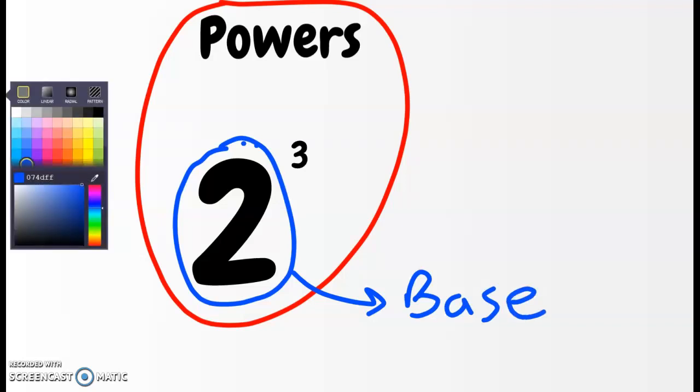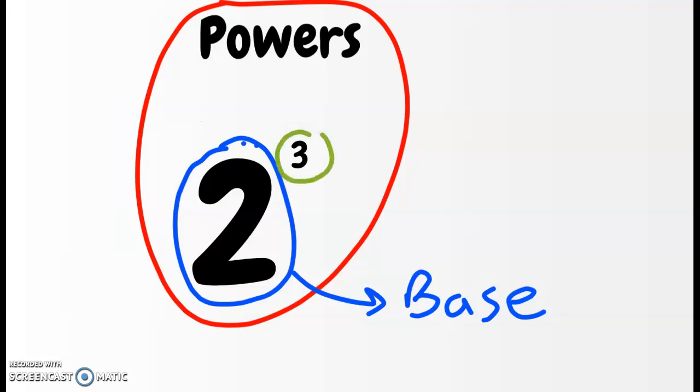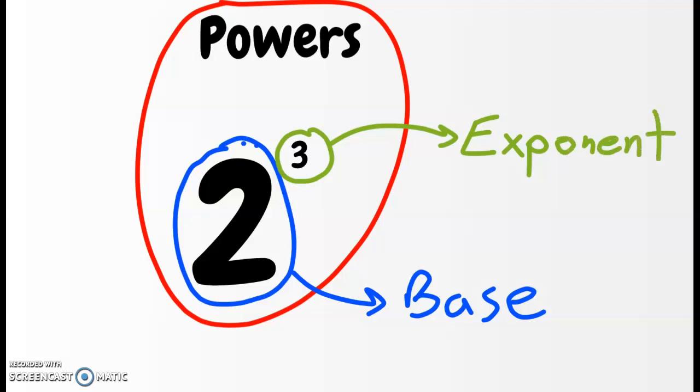And you have this smaller number off to the side. That is the exponent. So that's the first thing you need to understand about powers, is that there's two parts.